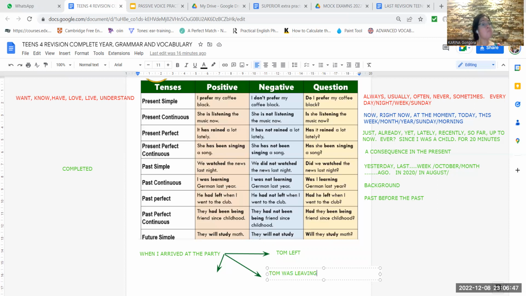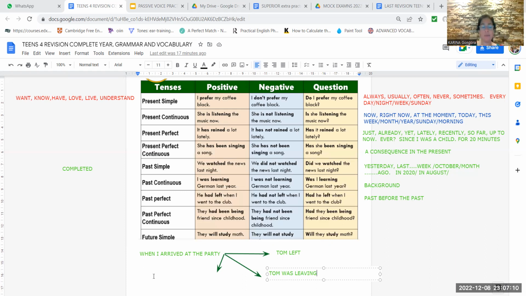Tom se iba. Maybe I said goodbye, hello, goodbye, bye-bye. That's it. Yes? I saw him, but I didn't share the time. No compartí el tiempo. He was leaving. En ese momento que vos llegabas, él se iba. Right? When I arrived at the party, Tom was leaving.